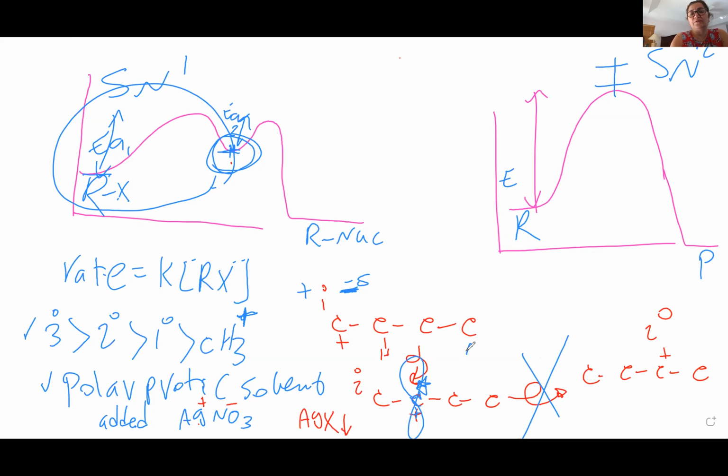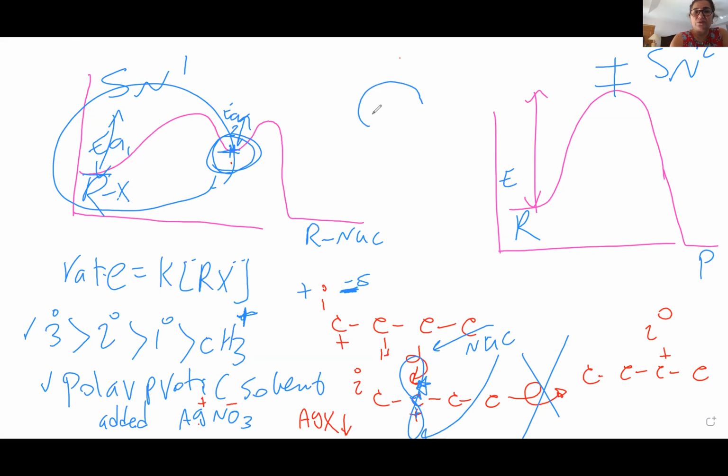So the nucleophile can attack from either the top or bottom side of the molecule. And since the nucleophile has higher priority compared to the carbon and other groups that are already there, because your heavy, high priority group has left already, that is going to make a difference in the formation of the product.